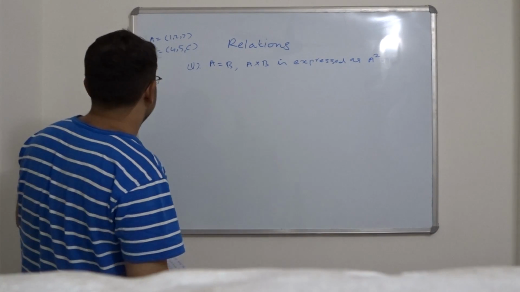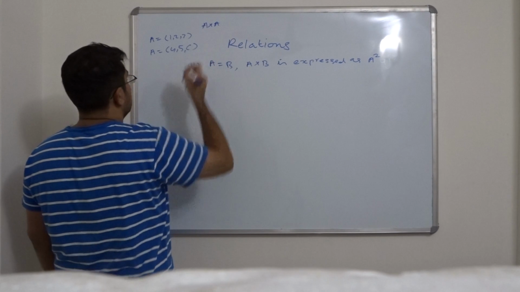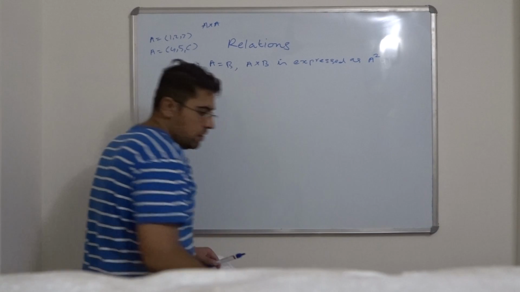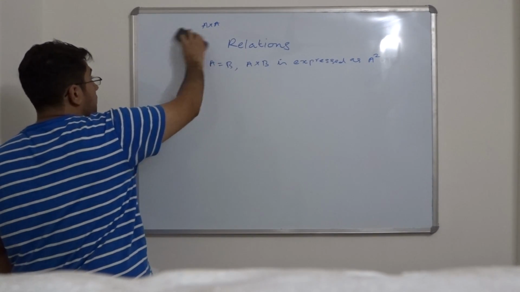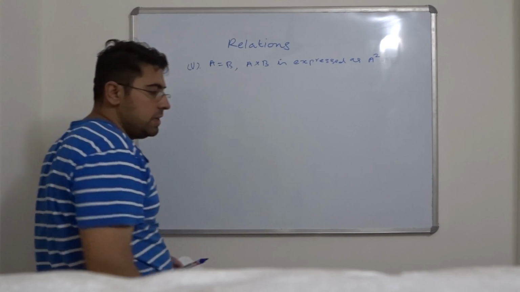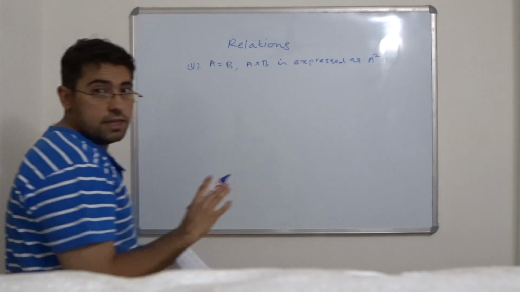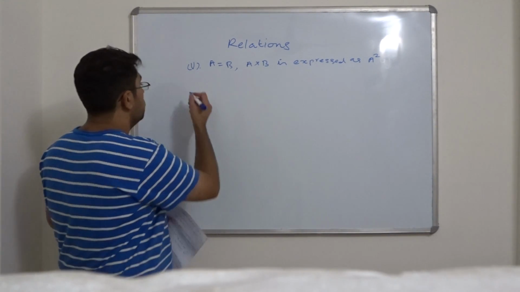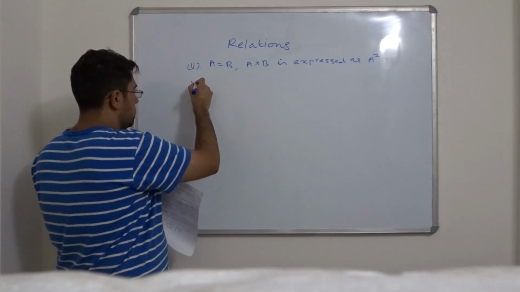Then these two sets can become A times A, and then you can just multiply both of them. This is practically what it means. And it can be for any number of elements. It doesn't have to be a 2 times 2 or a 3 times 3. It can be for any number. So don't get confused like that. Don't assume anything else. So now this is the sixth point, is it? Yes.